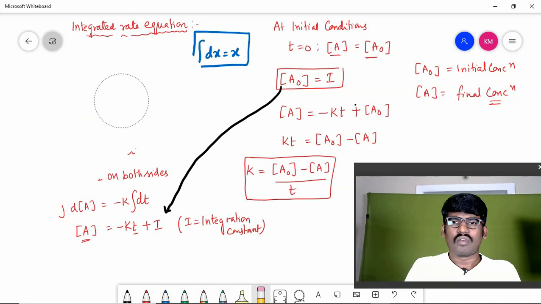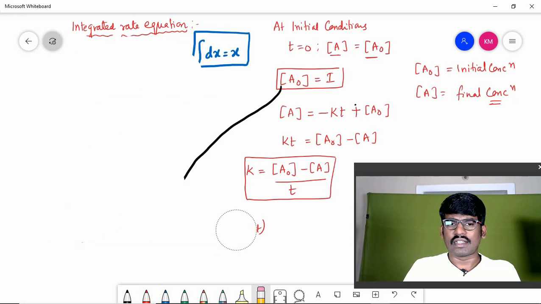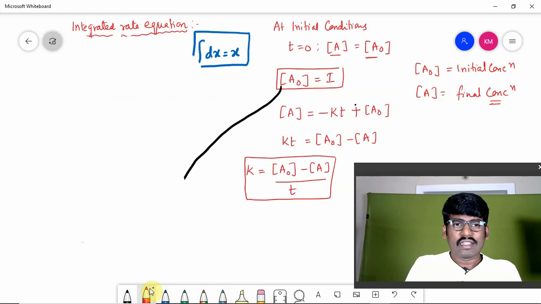So now what we got is the equation K is equal to A naught minus A upon T. Generally, what is the reaction we have taken, children? A is giving rise to products, right? Initially the concentration is A, and there is no formation of products.